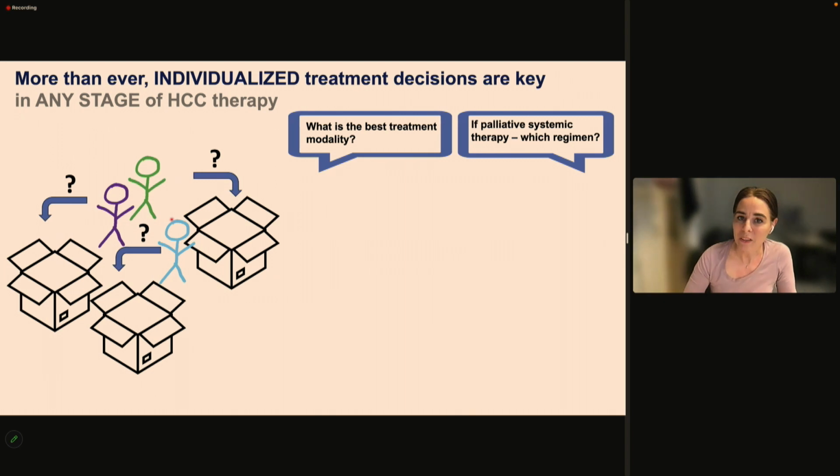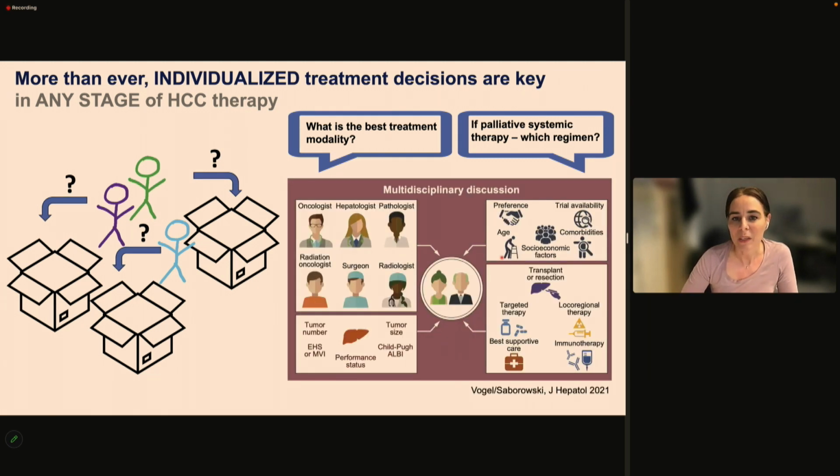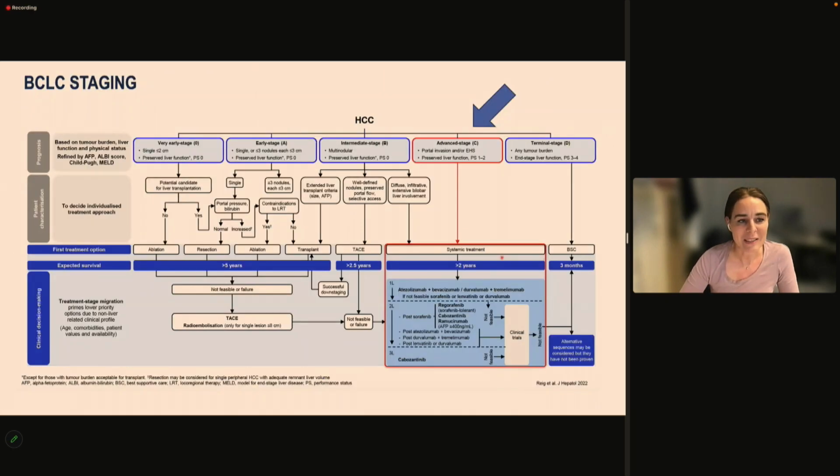And even if we are in the arena of palliative systemic therapies, and this would be my focus today, which therapy may be the best regimen for our individual patient? And this is so key that we include all our experts that we have in our support system into these decisions, because these decisions could always be multidisciplinary decisions.